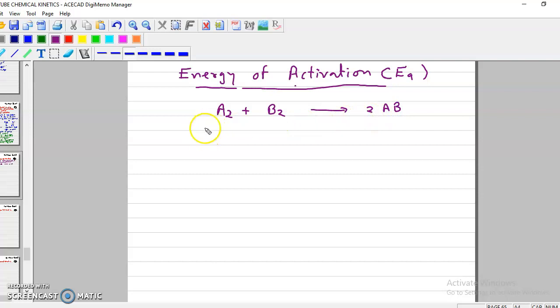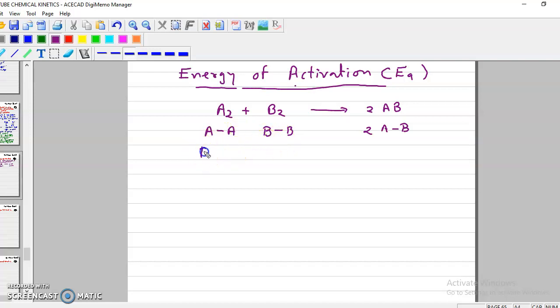Now, according to thermodynamics, suppose there is a single bond between AA and BB, and now we will get 2 times AB. It's like H2 plus Cl2 gives 2HCl. If we want to carry out a chemical reaction, we have to get chemical change, and for that we have to give energy to break these bonds.